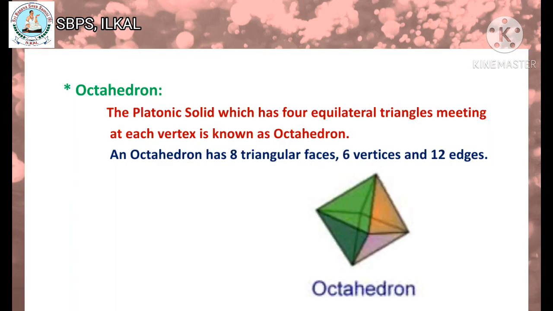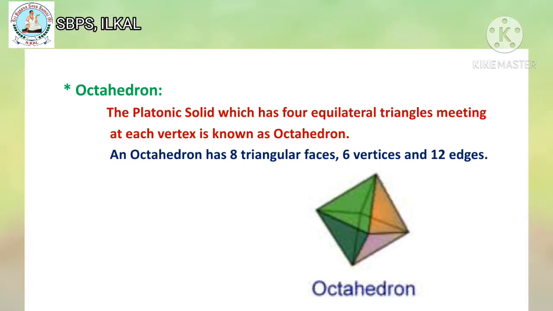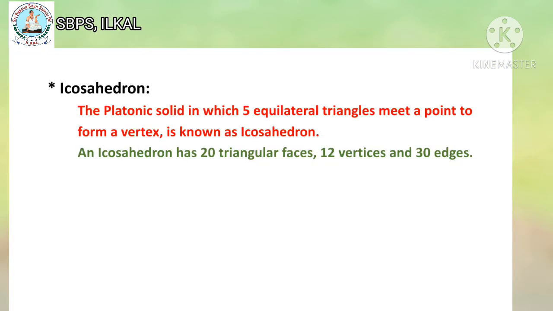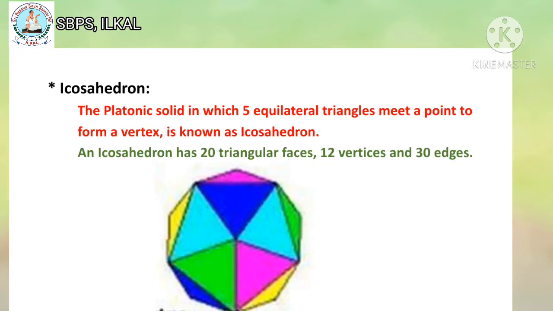The next point, that is octahedron. The Platonic solid which has 4 equilateral triangles meeting at each vertex is known as octahedron. An octahedron has 8 triangular faces, 6 vertices and 12 edges. The next point, that is icosahedron.